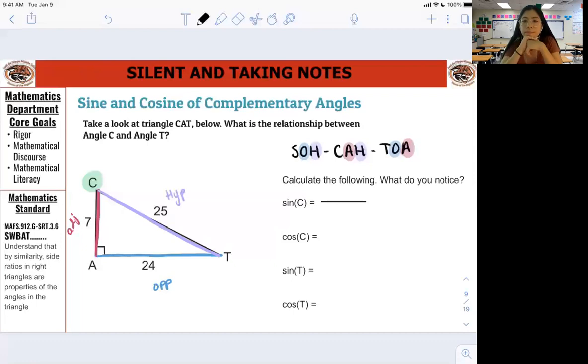Nope. Emily, sine of C. Put it on public, please.